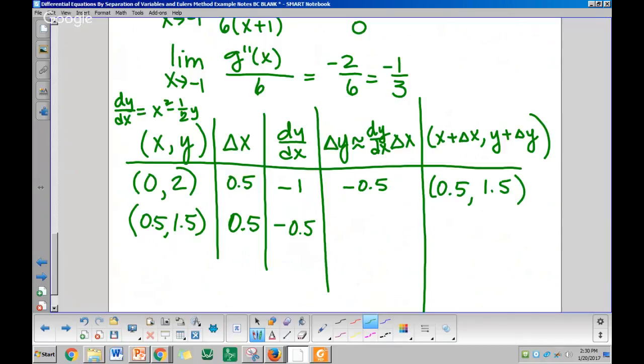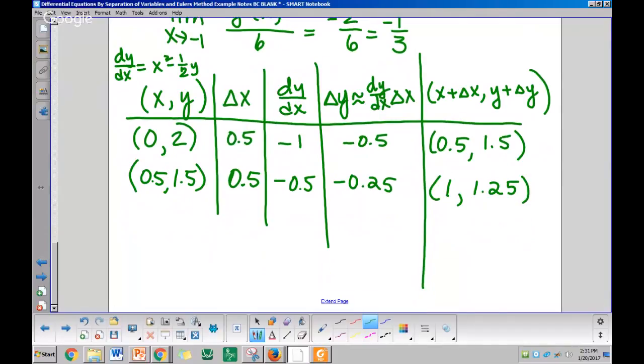Okay, and if I multiply those two together, I get -0.25, so that's a change in y. And so my new point's going to be 1. Now, why am I happy to see that? That's what we wanted. And then my new y is going to be this number minus 0.25. So this is 1.25.